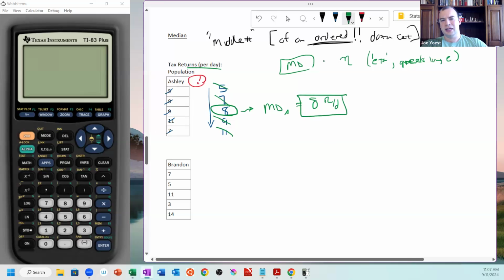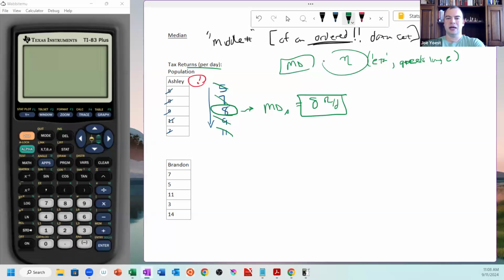You will occasionally see this used for the population median, but I don't think that's a very common notation on the stats side of things. It's more on the mathematical statistics side. But just in case you're looking around and you see the symbol, you kind of know what it means and how to say it. Okay, so that's the median for Ashley.